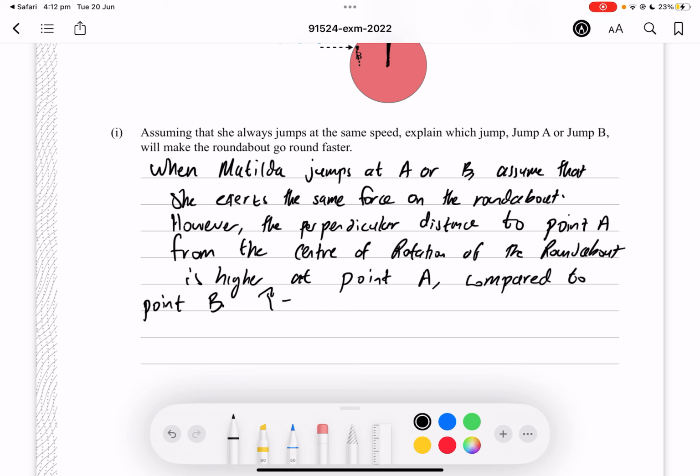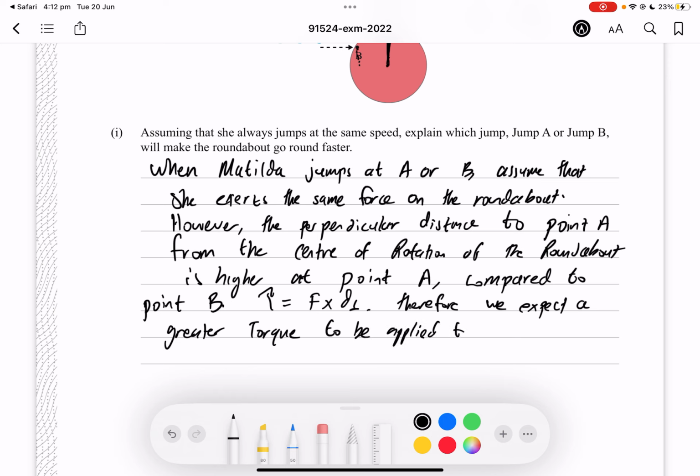And we know that torque is equal to the force times the perpendicular distance. So therefore, we expect a greater torque, and we know that torque is equal to I times alpha, the angular acceleration.